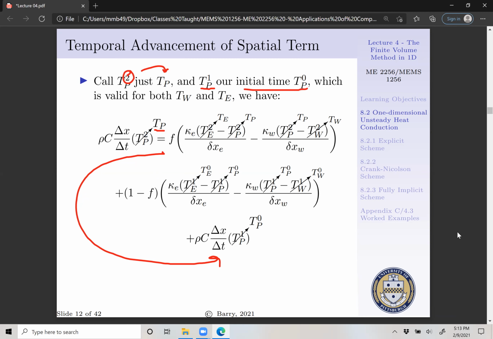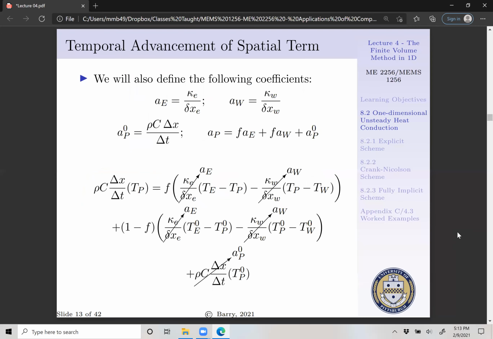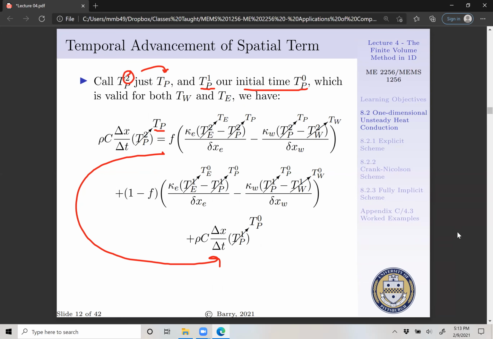And then we have the remainder of our equations: F times K east times quantity TE minus TP per delta XE, minus K west per delta X west times quantity TP minus T west. We just do that substitution because everyone calls their initial time step naught. If you want to leave it as 2 and 1, go for it.